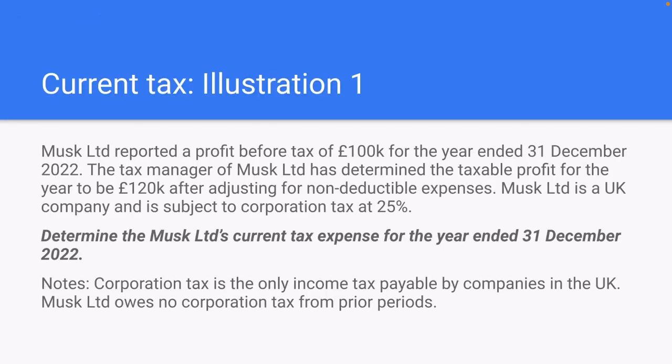So if you recall, the PBT is £100,000, and that's what you have here on the first line. You have a figure, and that comes straight from the illustration. The PBT is £100,000. The illustration says that the taxable profit is £120,000. What that means is that you would have tax-related adjustments of £20,000.